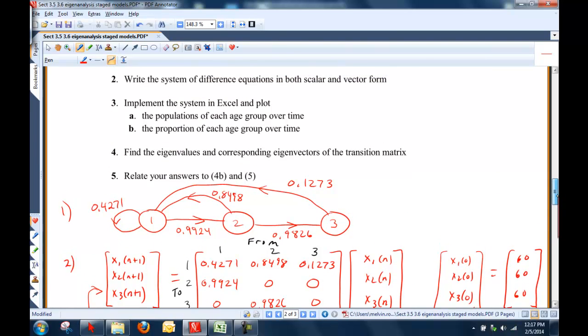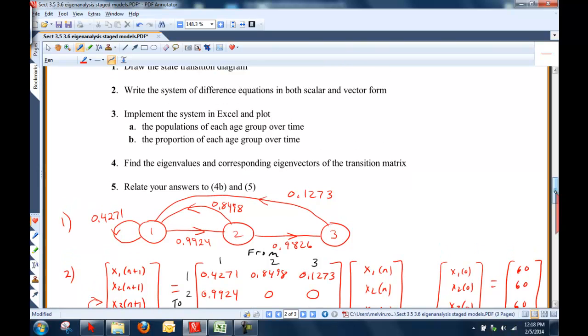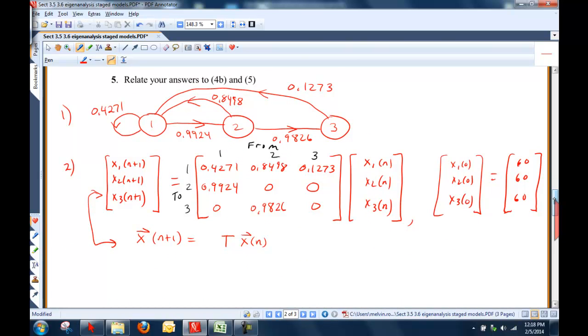Okay, that's what number 2 was asking us to do. Number 3 says, let's go ahead and use Excel. We could use Maple. Let's use Excel this time to calculate the populations in each age group over time.